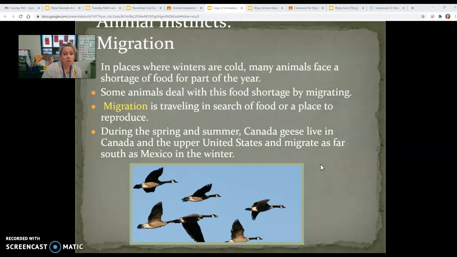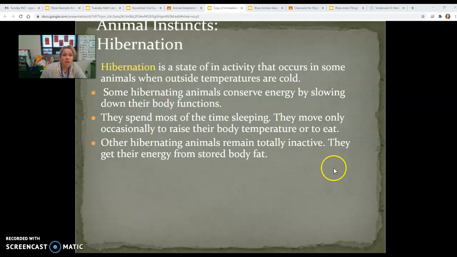During the spring and summer, Canada geese live in Canada or the upper United States, and then they migrate south to Mexico for the winter. Hibernation is a state of inactivity that occurs in some animals when the outside temperatures are cold.